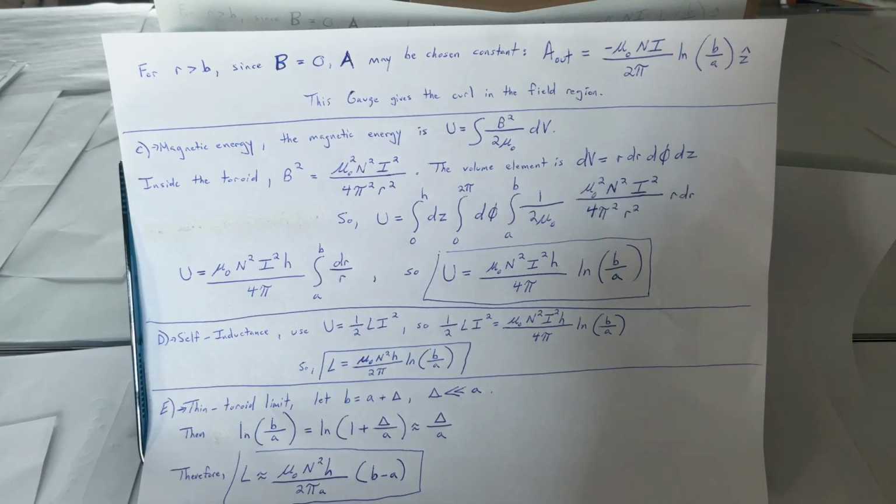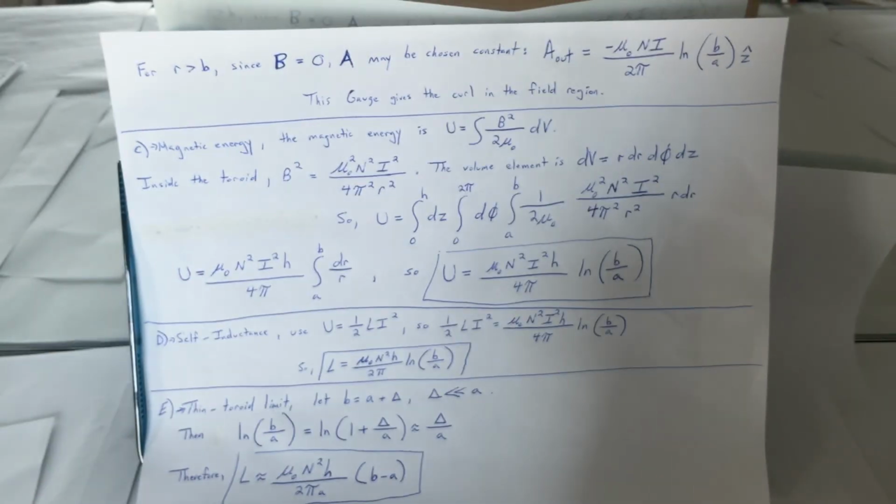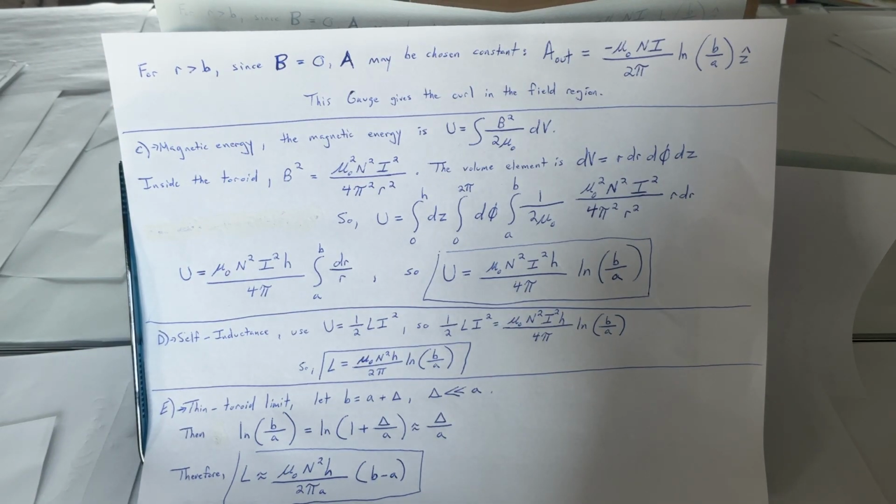Okay, so we have U equals this integral here from 0 to H dz, 0 to 2 pi d phi, from a to b, 1 over 2 mu naught times mu naught squared N squared I squared over 4 pi squared r squared, r dr. So U equals mu naught N squared I squared H over 4 pi times that integral from a to b dr over r.